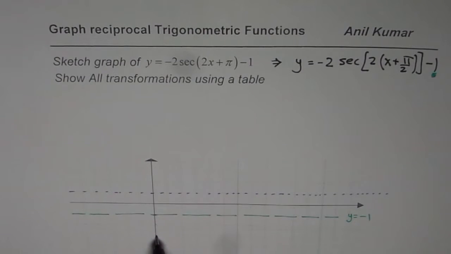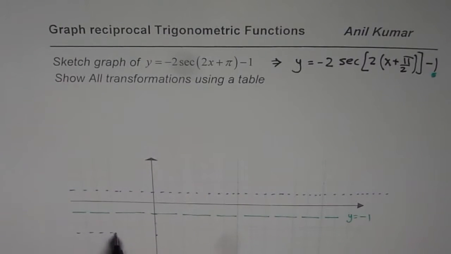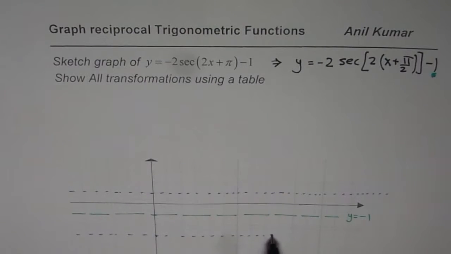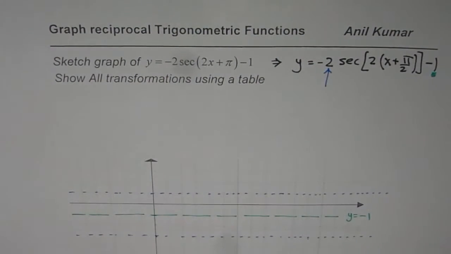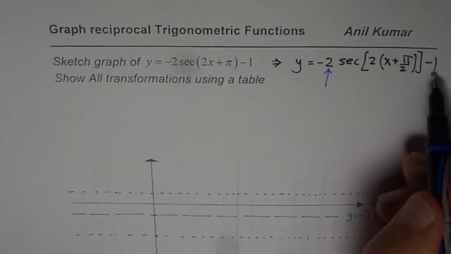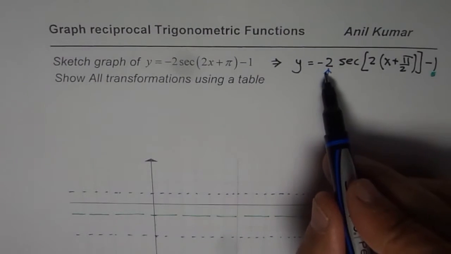Now, so 2 units down. So these are my guidelines which really help us to sketch the graph, correct? This is because of the parameter 2, which is vertical stretch by a factor of 2. So we have taken care of horizontal translation and this.